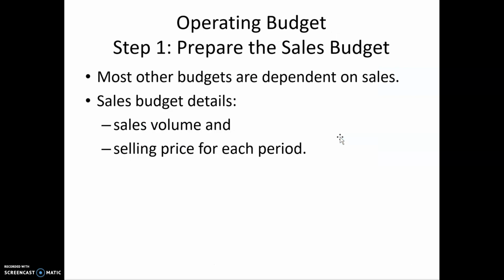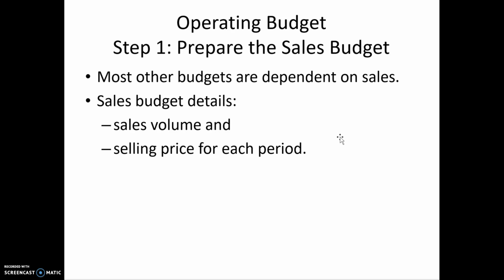Okay, so our starting point is the operating budget. First off, we have to prepare the sales budget, and as I said, everything else is based on the sales budget. So we have to do the sales budget first. The sales budget itself is easy to prepare, but the forecasts involved in determining what's going to go on the sales budget are going to be a lot of work, because they really need to be accurate, because we're basing everything on our sales projections.